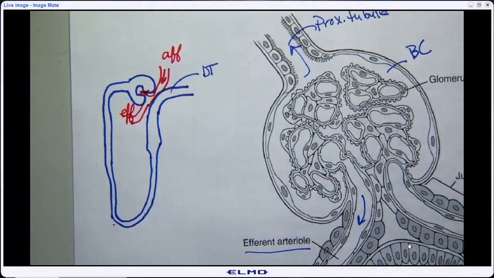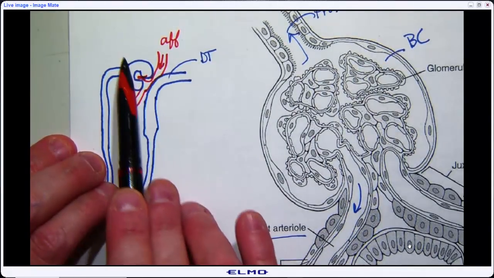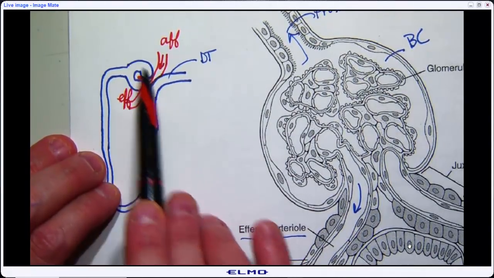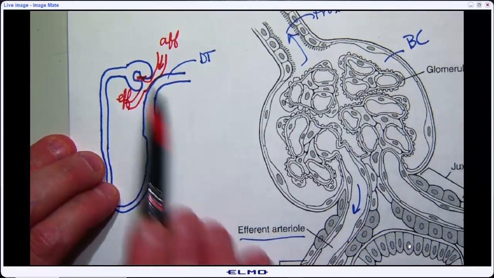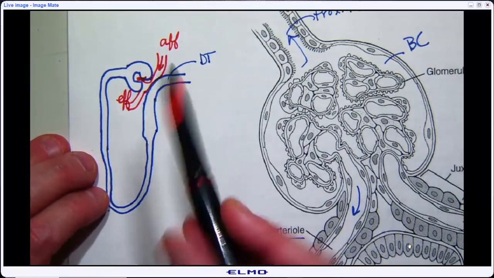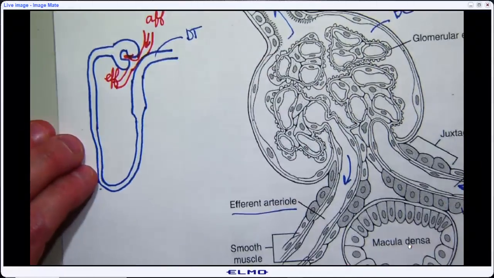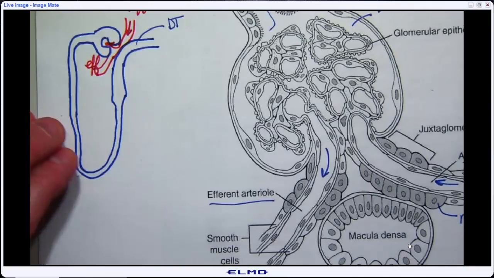Okay, so if you took a cross section then of what was going on right here, you would see the Bowman's capsule, the glomerulus, the afferent and efferent arterioles, and you would see the distal tubule. It's right there.